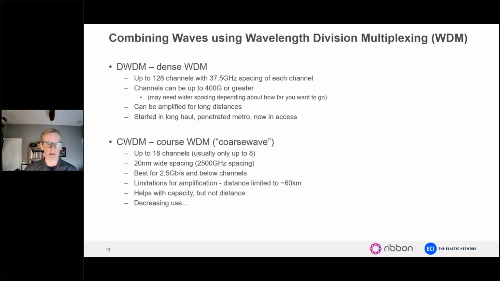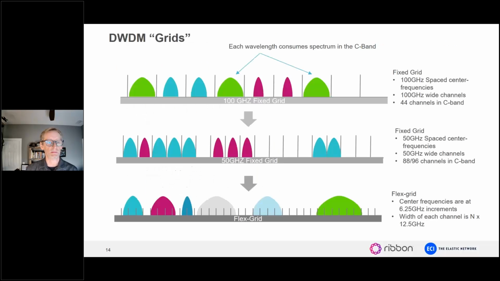You may need wider spacing depending on how far you want to go. We'll talk about some of those trade-offs. With DWDM, boy, you can amplify it. There are DWDM routes in the world that are 10,000 kilometers long. Now, you folks probably don't need to go that far, but going 200 or 300 kilometers, no problem. It started in the long-haul environment, penetrated metro, and now it's drifting down to access and the rural carriers. So DWDM is really where it's at.